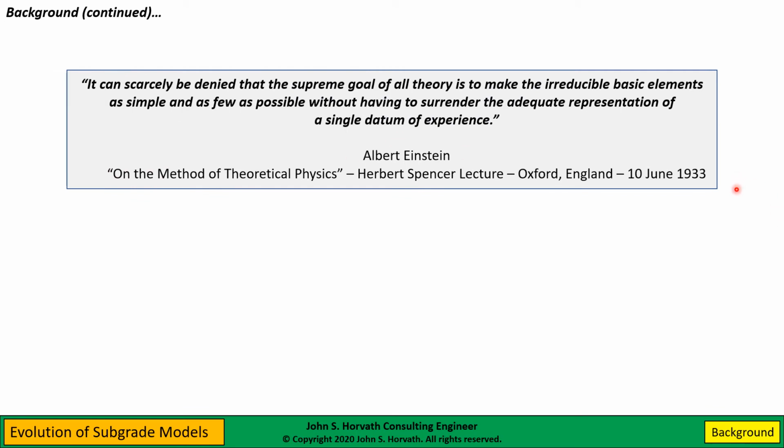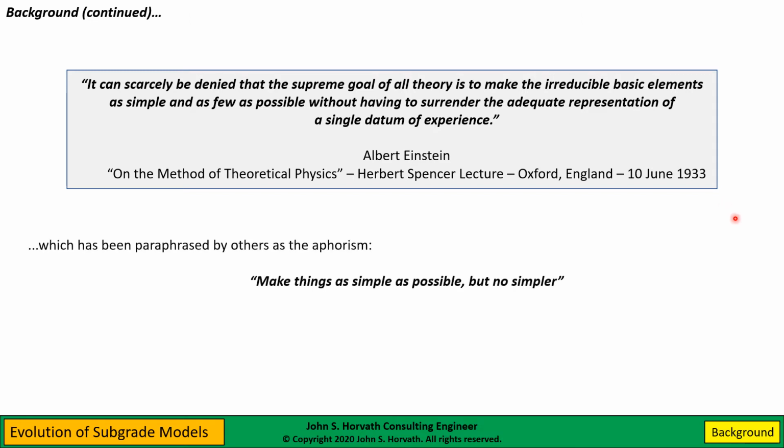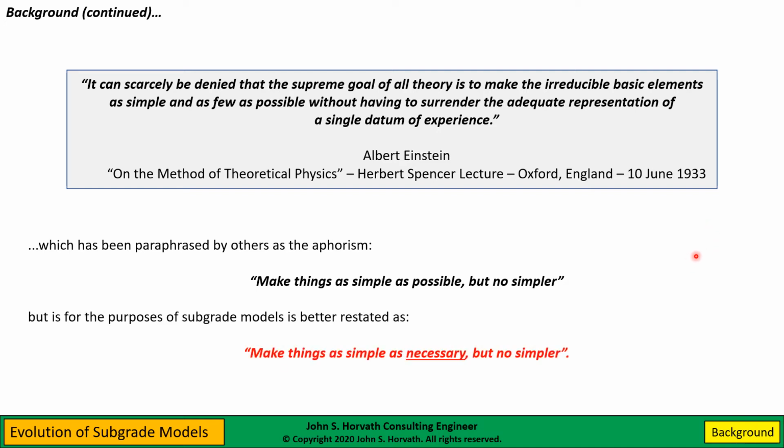This is a quote by Einstein. I'm sure it's appeared in countless places. In most cases, it's been distilled to the aphorism, make things as simple as possible, but no simpler. I suspect this has been seen a lot more than the original quote. However, I would like to recast this with regard to subgrade models: we should make things as simple as necessary, but no simpler.